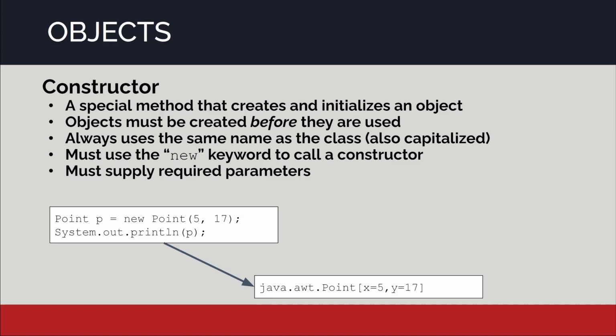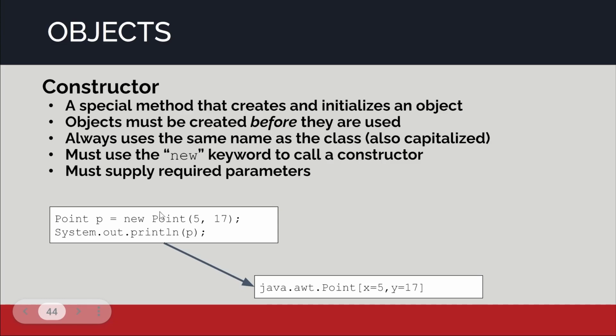The syntax is going to be what we see here, where we have the type and the name. That's not new. And then this assignment operator here. But this is new. The word new is new. And then we invoke the point method. We can't refer to the name of an object yet because it doesn't exist.